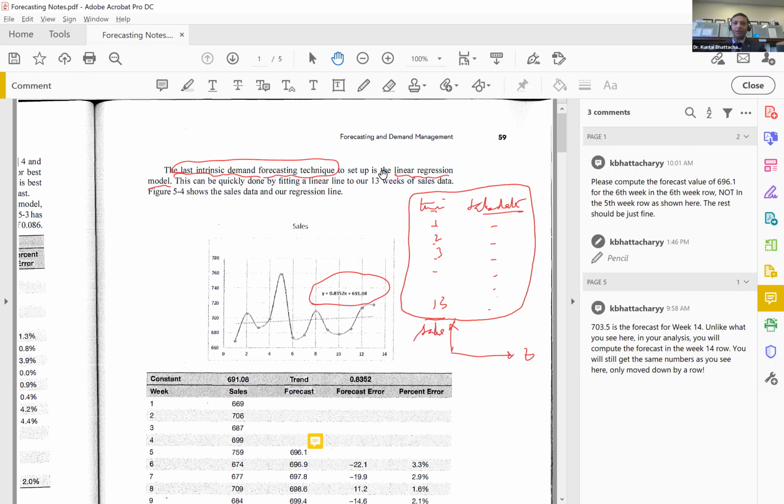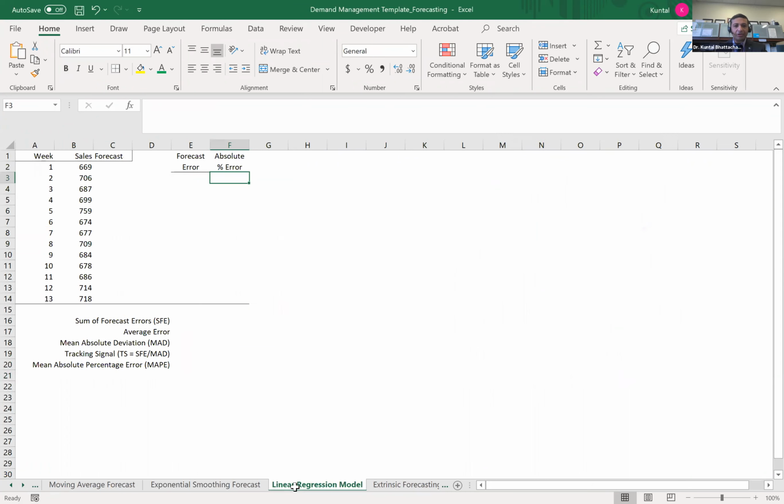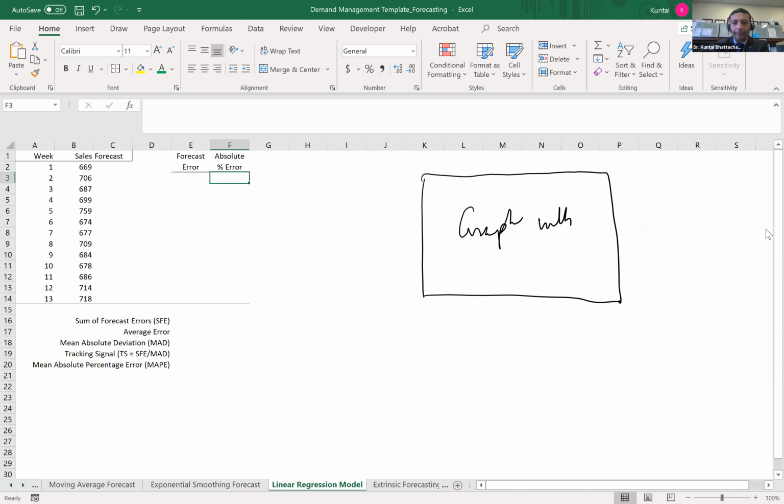Now this is what you need to do. Under time series, if you go back to your demand management template, okay, if you look into the linear regression model here, what I want you to do is recreate the graph here, graph with trend line so that you can actually showcase the equation.